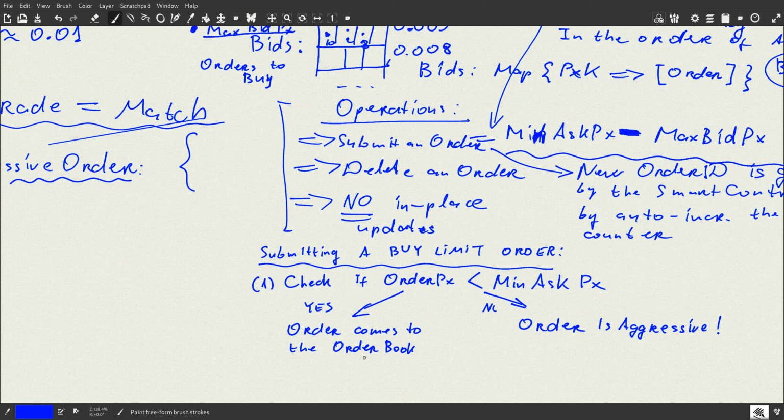So the order comes to the order book. Then here, get map entry for the order price.